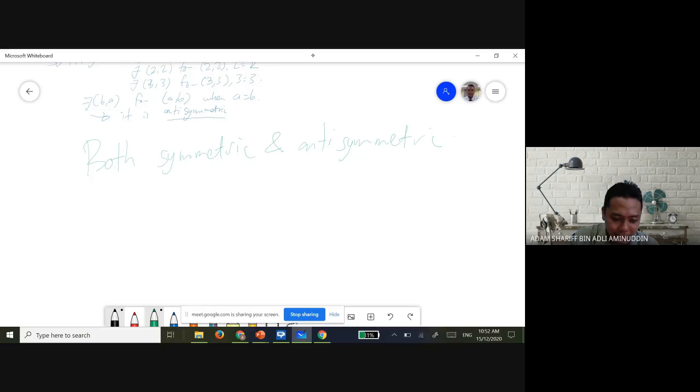Iaitu bila R, AB, A equals to B. Tak kisahlah dalam mana-mana domain, whether it's a finite set, A equals to 1, 2, 3 or any integer kali integer. Kalau relation A equals to B, guarantee dia symmetric dan guarantee dia anti-symmetric.